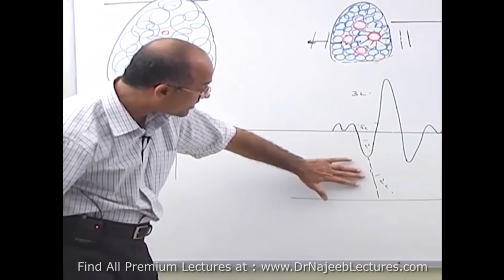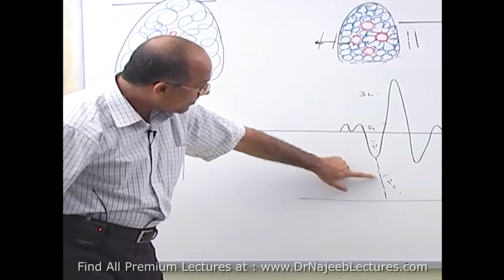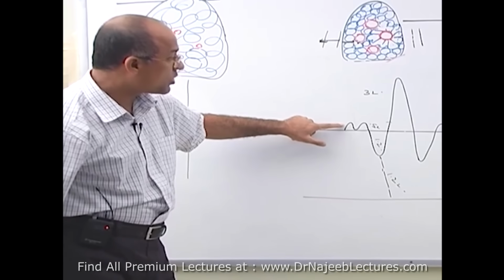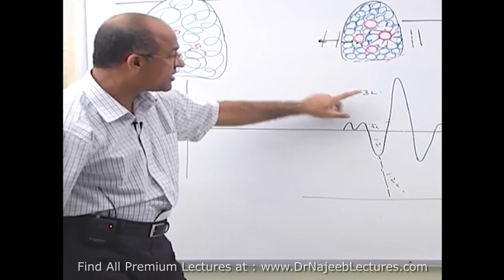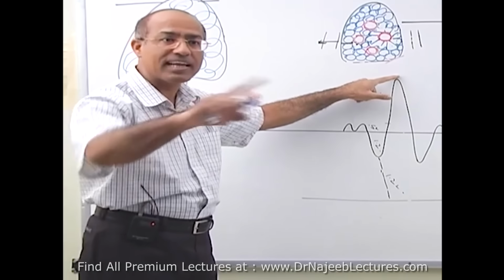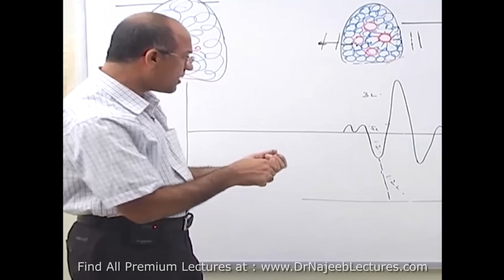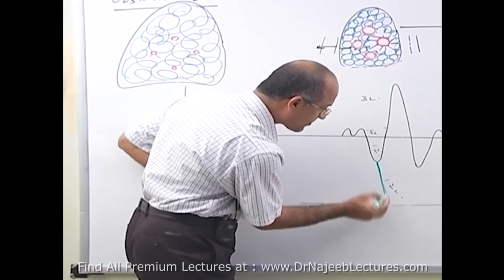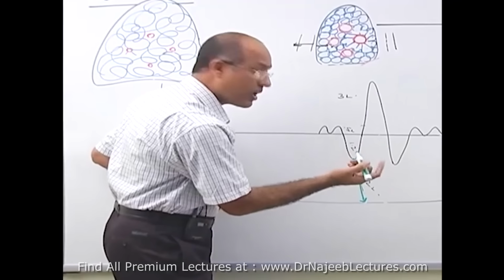Now, these two together are about 2.5 liters, including half a liter and 3 liters. From here up to here, how much is it? 6 liters. Am I clear? Everyone is following me? So these are normal parameters. What is this? Yes, residual volume.